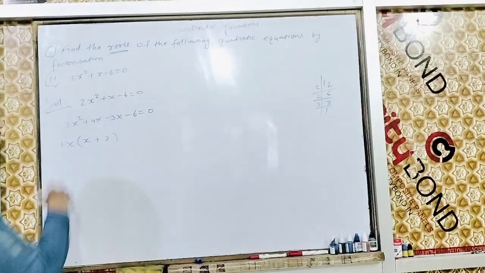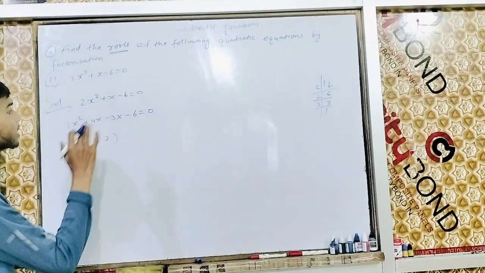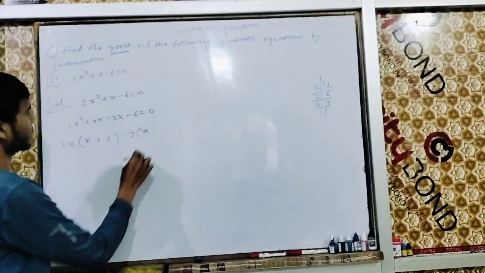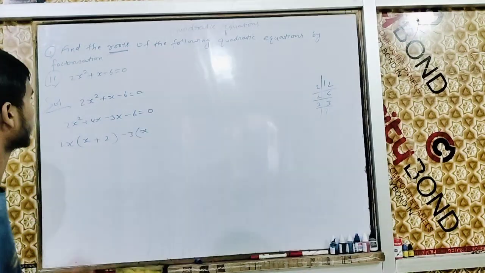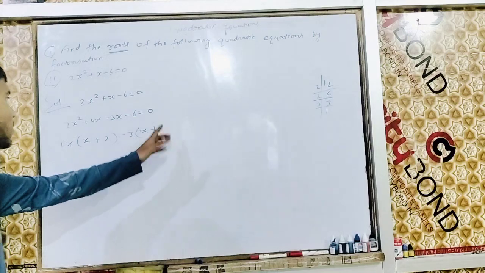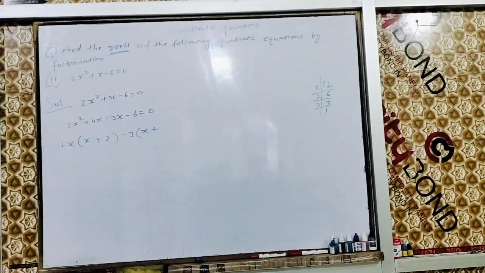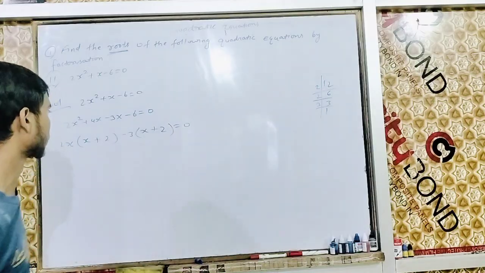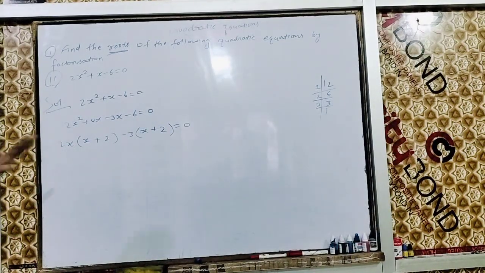Okay. Now in the second part, 3 is common. Not 3x, only 3. So minus 3. Then here x, and here 2 will come, so that minus 3 times x gives minus 3x and minus 3 times 2 gives minus 6. Now it is equal to 0. Till here this step is correct.